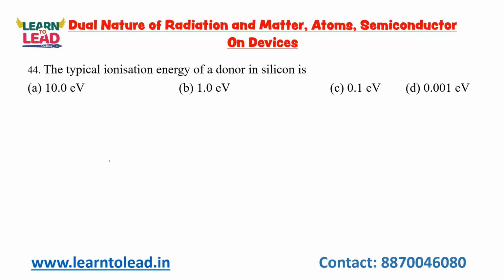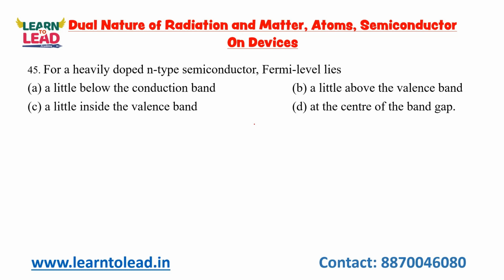The typical ionization energy of a donor in silicon is 0.1 electron volts. Then for a heavily doped semiconductor, the Fermi level lies a little below the conduction band.